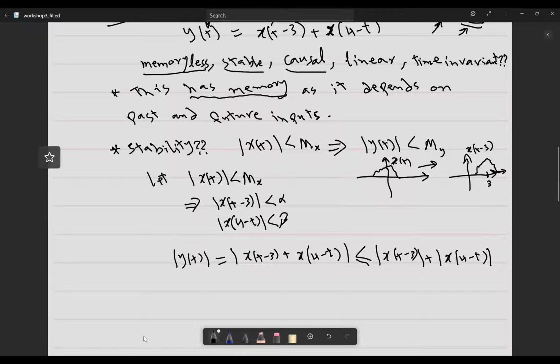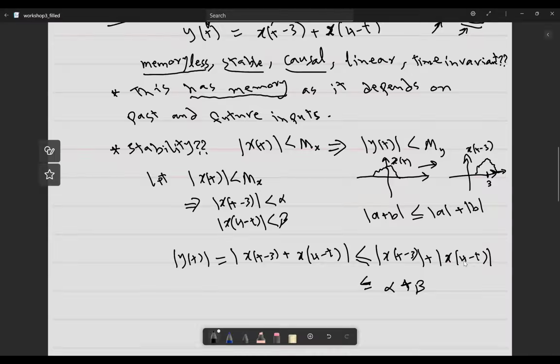This is called the triangular inequality. If you have a plus b, the absolute value is less than or equal to the absolute value of a plus the absolute value of b. So this is bounded by the first term's absolute value plus the second term's absolute value, which is less than or equal to alpha plus beta.